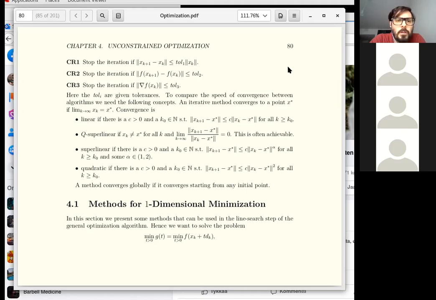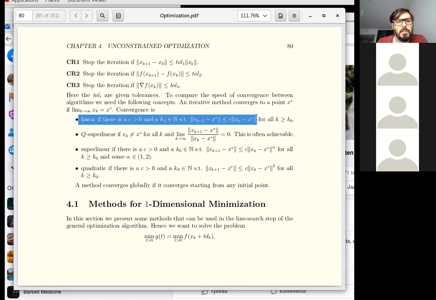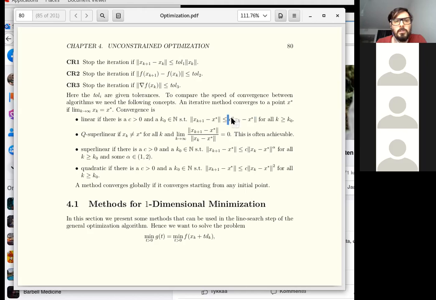It should be smaller than 1, because if it's more than 1, then it doesn't actually guarantee us anything. If C is greater than 1, it just says that the next point can be further away than the current point. So probably we want this C to be smaller than 1. In any case, this is what is known as linear convergence. So maybe every iteration shaves 10% off of the distance to the optimum.